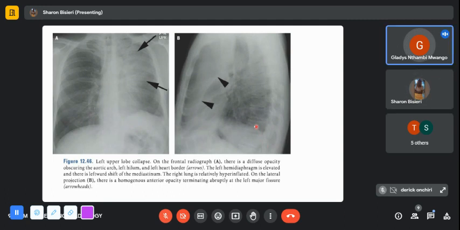So that's characteristic of left upper lobe collapse. We have reduced volume of the left upper lobe, and you can see that opacification is limited by the major fissure. And then there's that compensatory hyperinflation of the inferior lobe. All right.